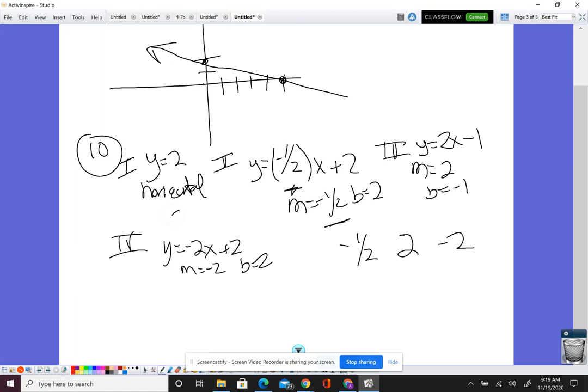This one has a slope of 0, so that's out of there because there's nothing that relates to these other ones. If I had a vertical line, then the horizontal and the vertical would be perpendicular. So I'm looking for combinations of slopes that are the same, and none of those are the same, so there's no parallel lines.